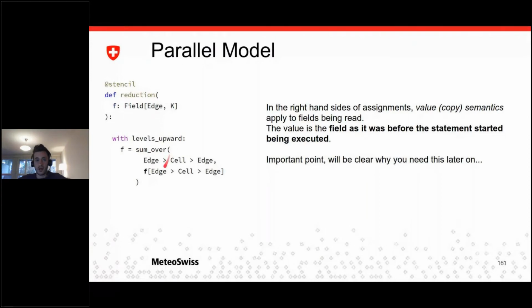So as if you are accessing a copy of the field taken before we started executing f equals sum over and so on. We will clarify why this is important in a bit.